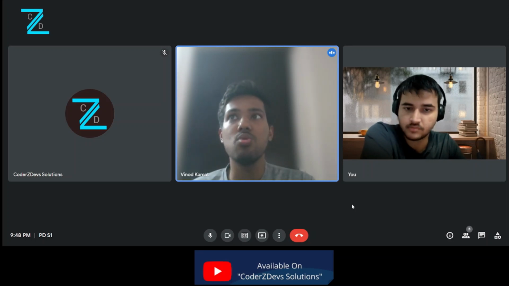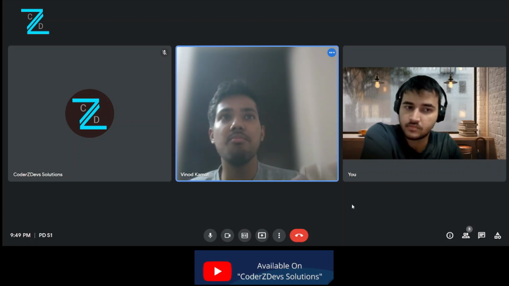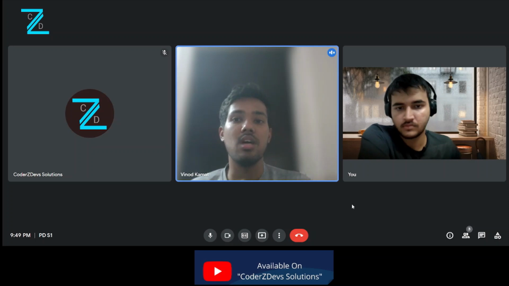There would be 2 to 3 coding questions, similar to what we see on HackerRank or Codeforces, and we have to solve them. A few test cases get evaluated, and on that basis you get the score. So these are the four main components of an aptitude exam.